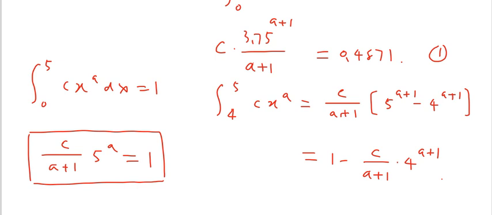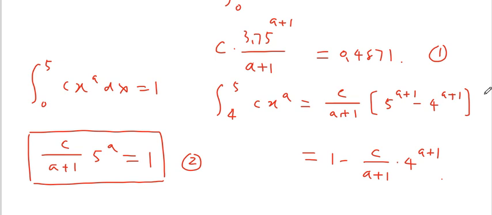So maybe we just check. There are two equations. Find the relationship between C and A. Yeah, let's say we can find this A from equation 1 and 2, right?